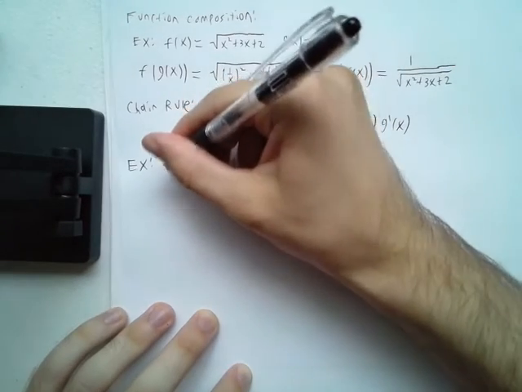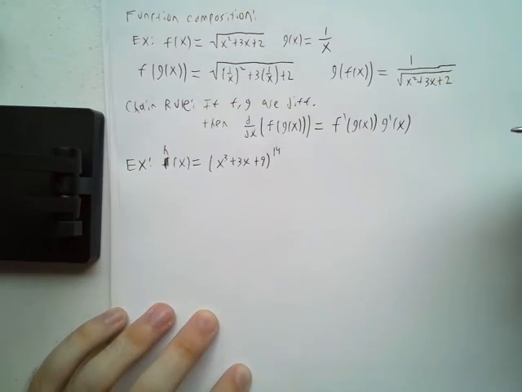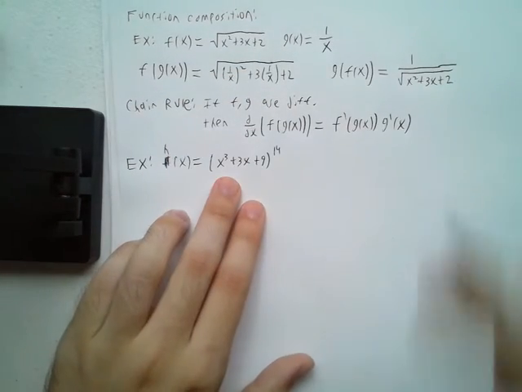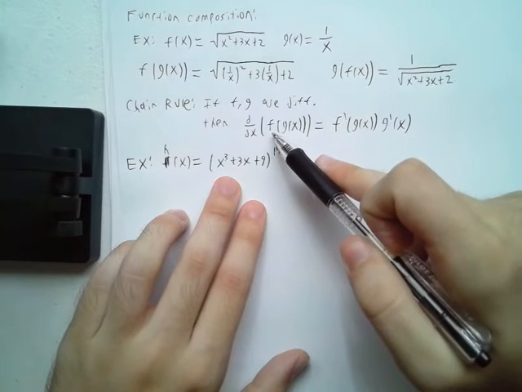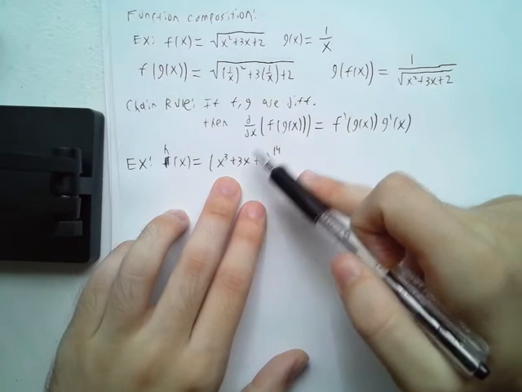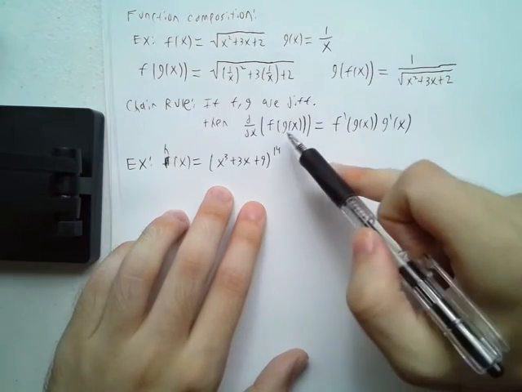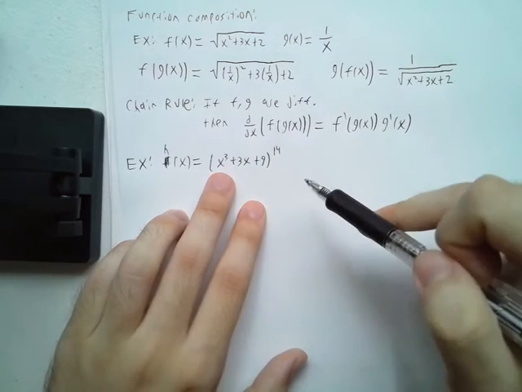For convenience, let me actually give this function a different name, h of x. And so if we look at our formula for the chain rule, we want to try to interpret h of x as a composite of two functions, f of g of x.